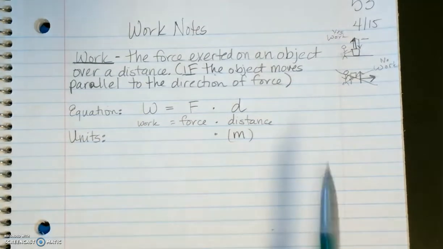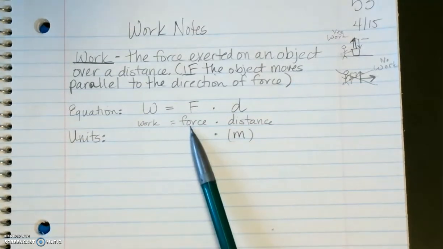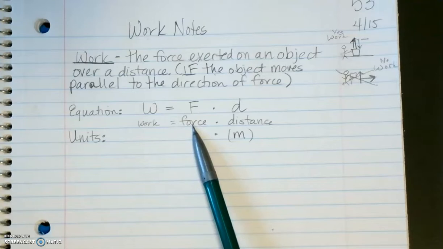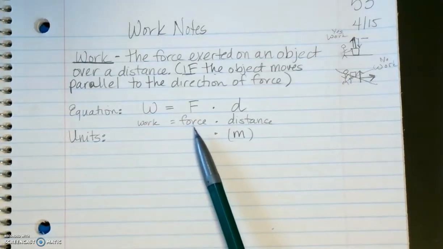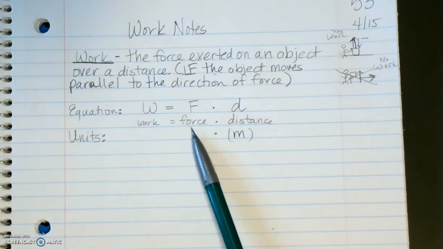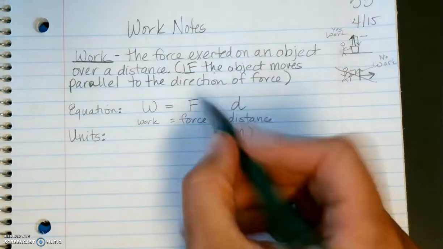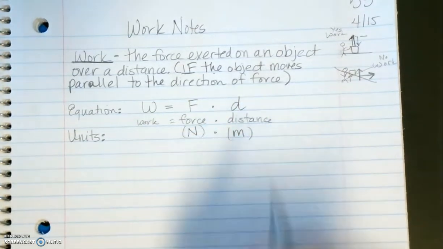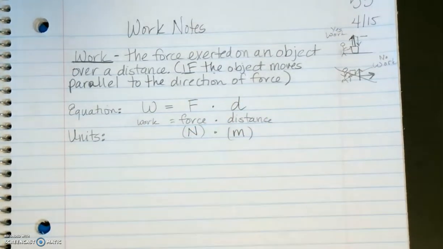And remember, force is Newton's second law. Force equals mass times acceleration. Mass is kilograms. Acceleration is meters per second squared. And instead of saying a kilogram meters per second squared, they use a Newton for force. So, force is a Newton, okay? And distance is a meter.